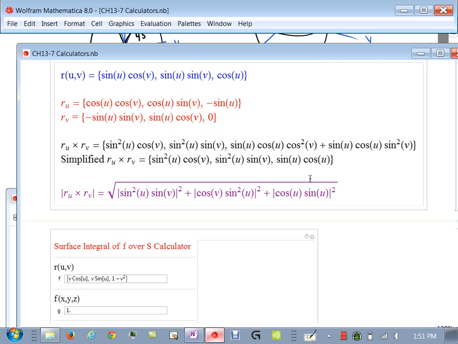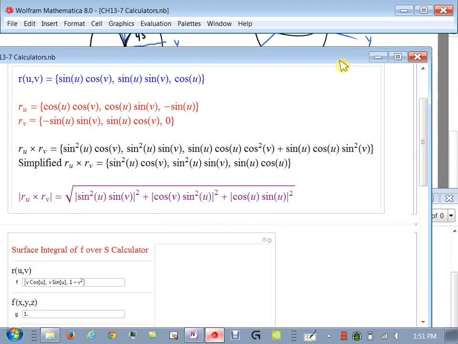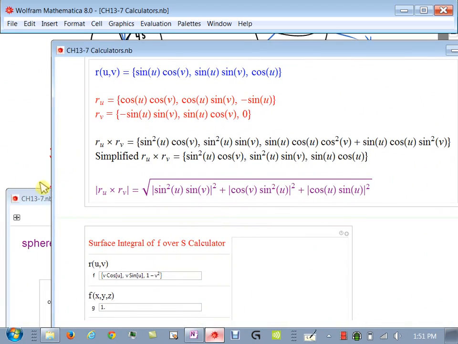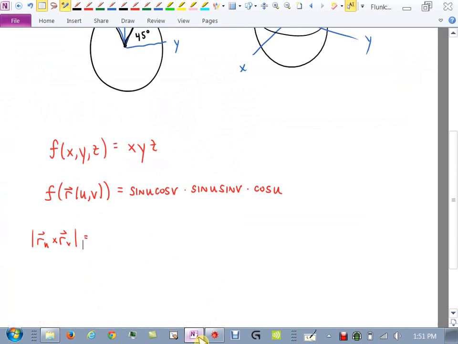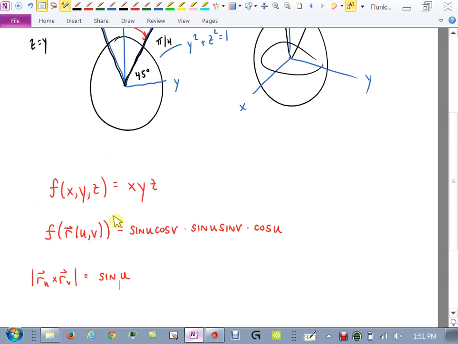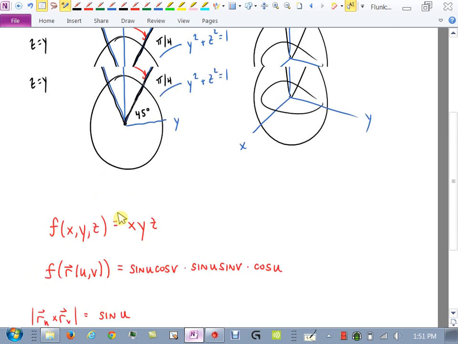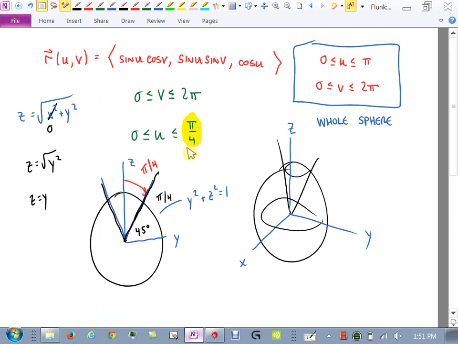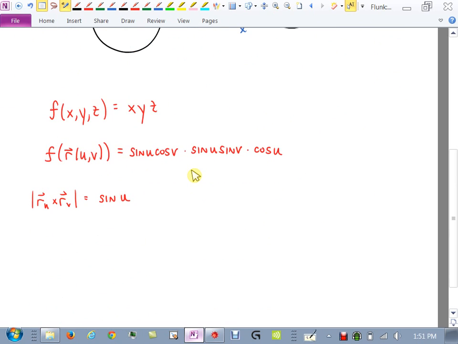So it came out to be sine u. Now I'm sure this somehow simplifies things. Things work out and turn into ones. So all of that is sine u. One thing to note is that I don't need the absolute value because u is between 0 and pi over 4, and sine is always positive when you're between 0 and pi over 4. So the absolute value did not matter.